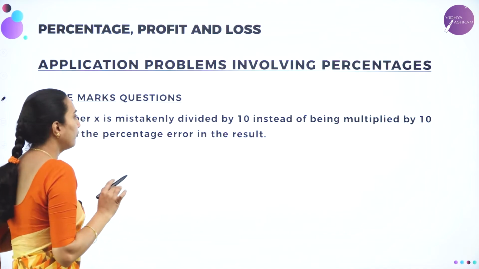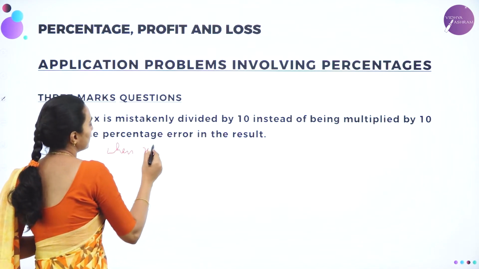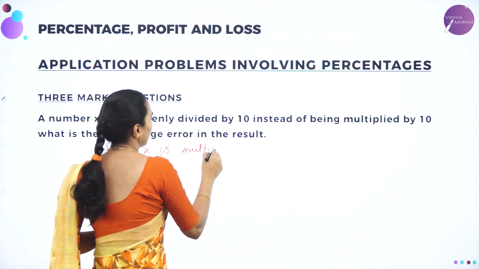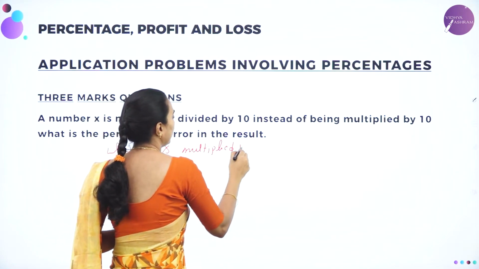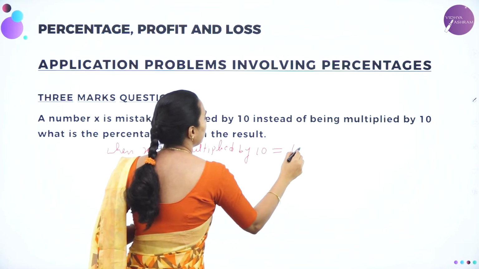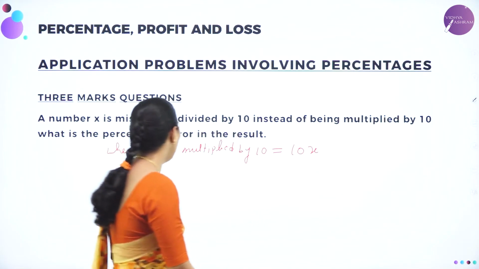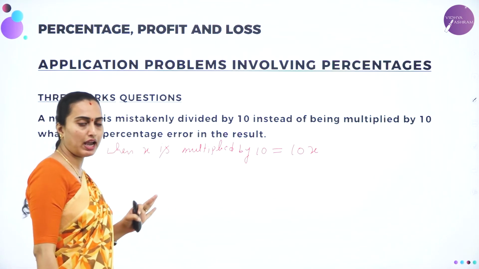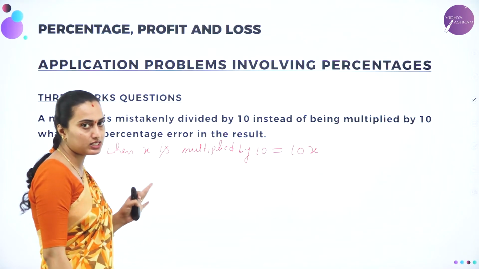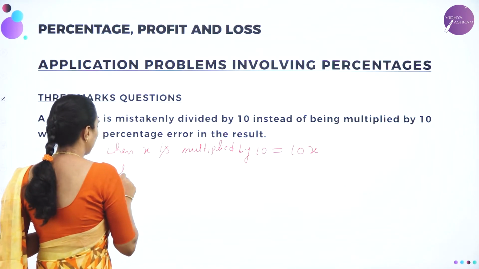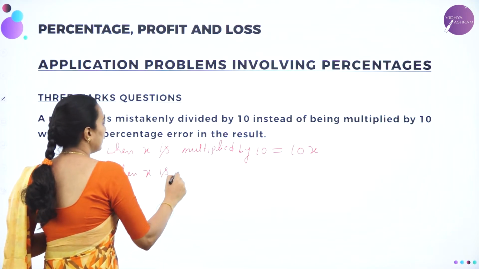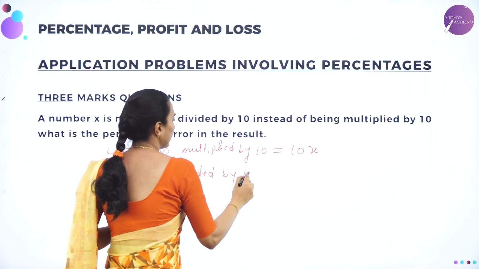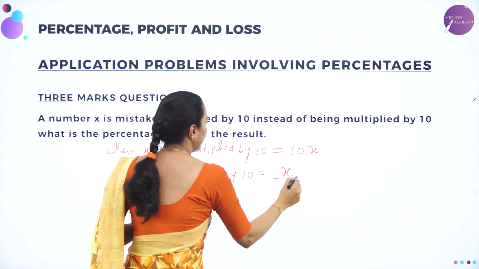So when X is multiplied by 10, the number will be 10x. When the number is divided by 10, what will it be? X divided by 10. So when x is divided by 10, it will be x by 10.